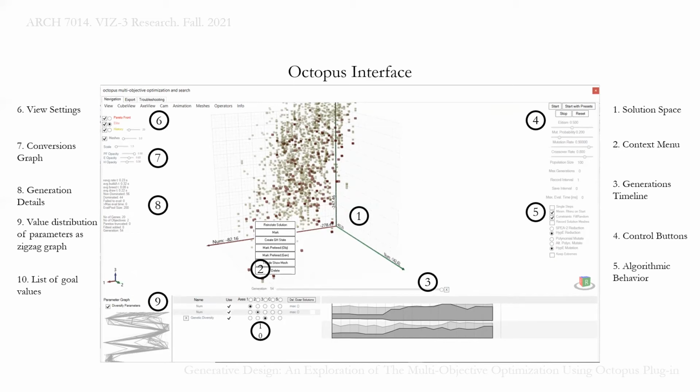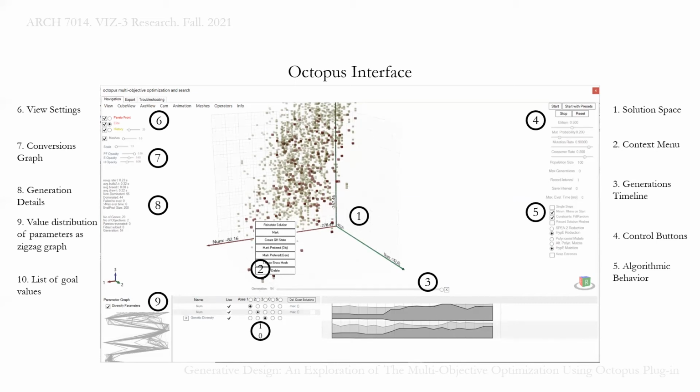The control buttons, number 4: you start, you stop, and you reset your optimization process. And then number 5 is the algorithmic behavior, where you can change the behavior of the algorithm and play with it. Number 6 is the view settings, how you want to view your graph. Number 7 is the conversion graph.